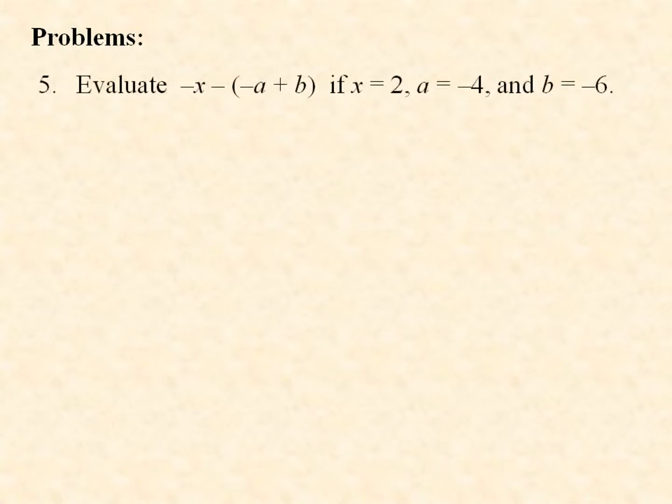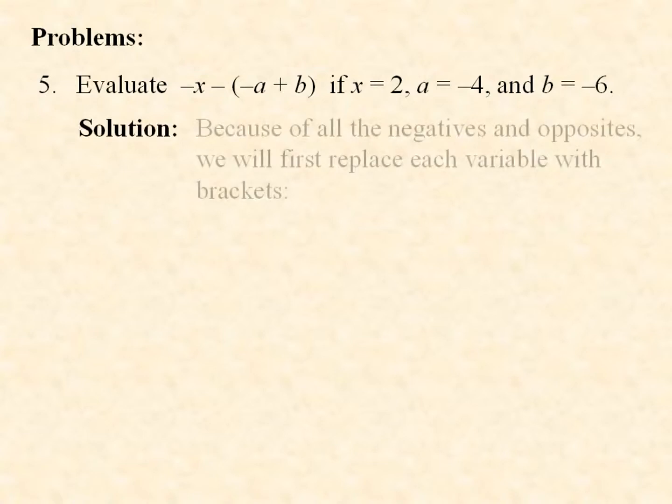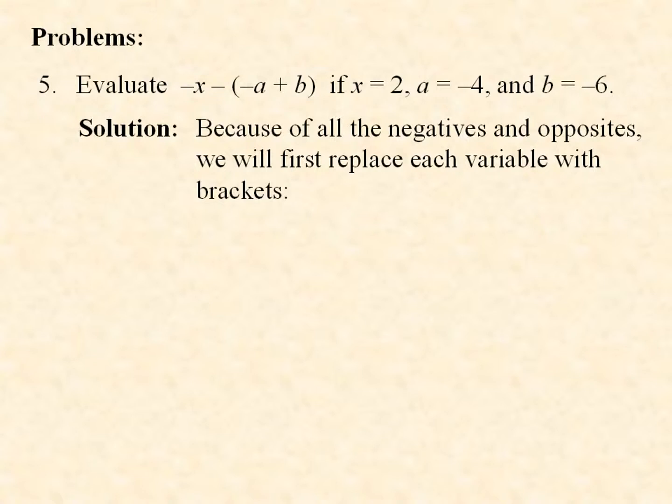Number 5, evaluate minus x minus a plus b. What is that minus x? It's the opposite of x there, and we have the opposite of a there. And it says if x is 2, a is negative 4, and b is negative 6. Well, let's see. Because of all the negatives and opposites, we will first replace each variable with brackets.